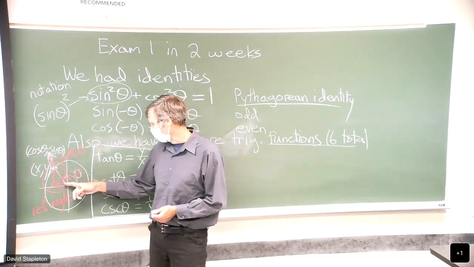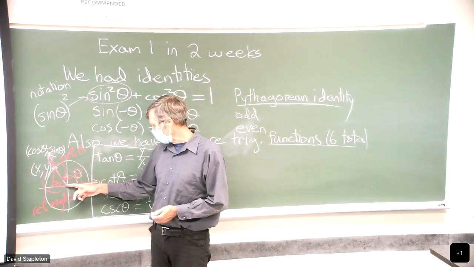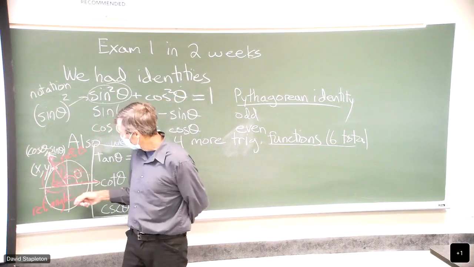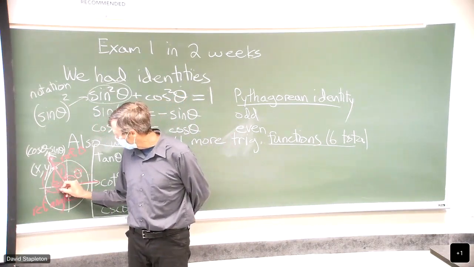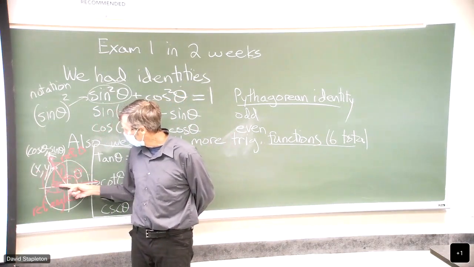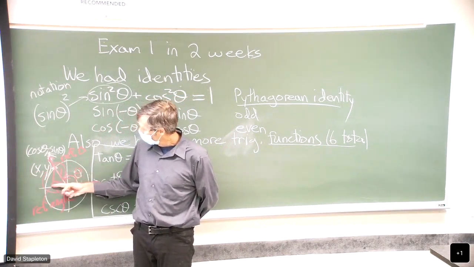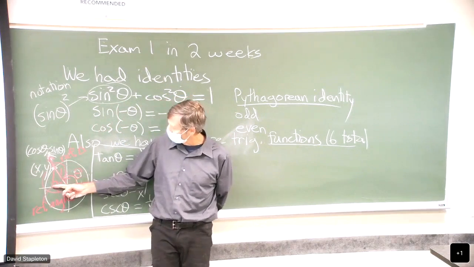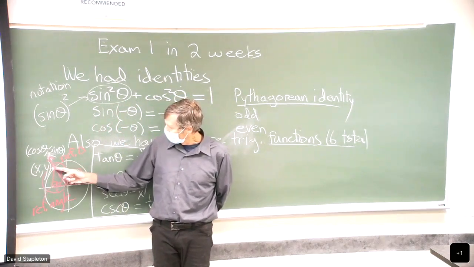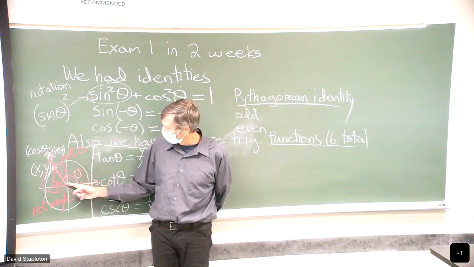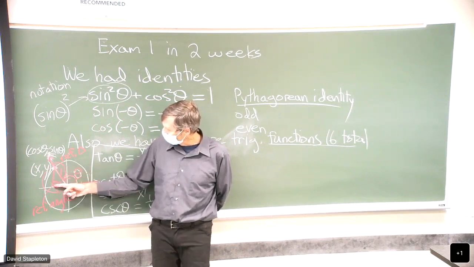For instance, the cosine of theta, if you look at this, it's a unit circle, so this is 1 radius. The cosine is this x coordinate, right? The x coordinate divided by 1. This is the ratio of the x coordinate to this side. The sine is this y coordinate to this side. Tangent is the y coordinate to the x coordinate.